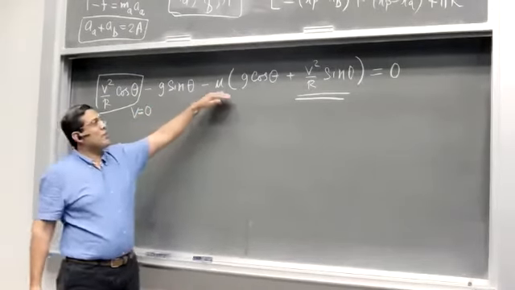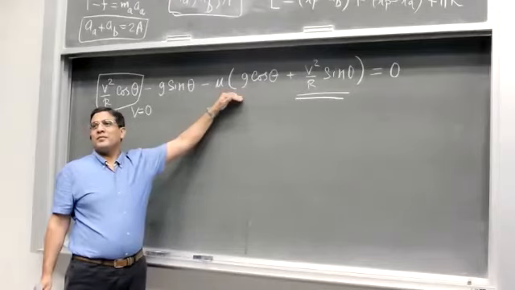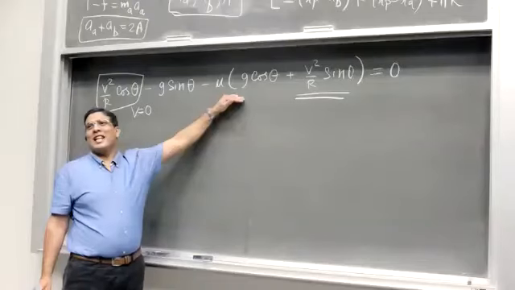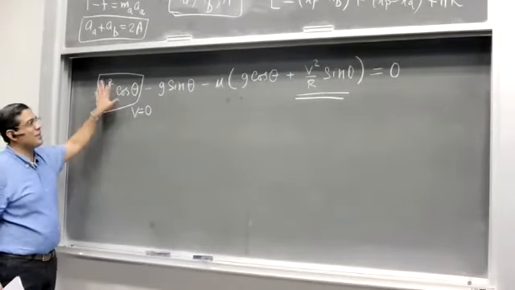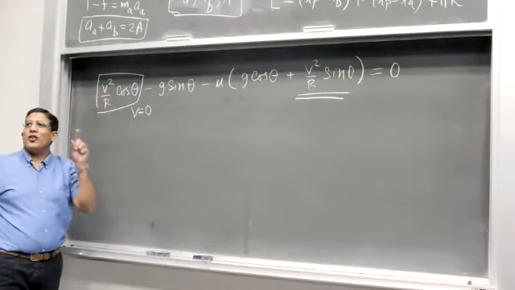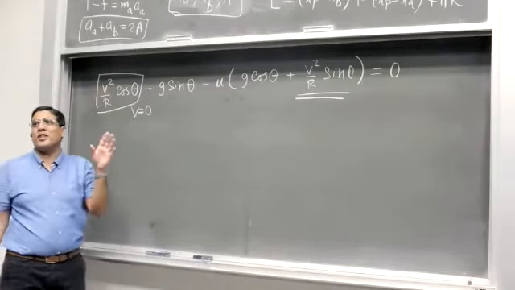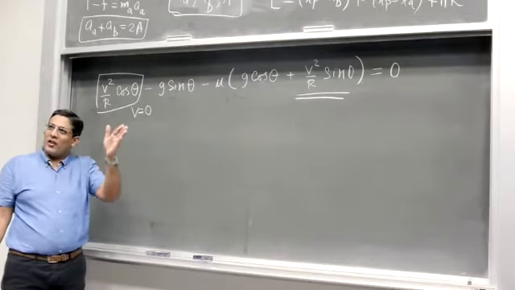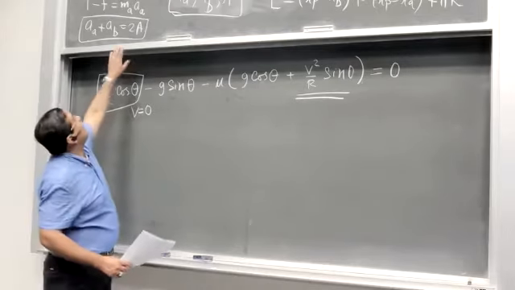And where is this term coming from? This is the friction part. Friction part, okay? Now, since we have removed the centrifugal force and taken the car standing, the only external force, the non-frictional force, is the weight along the surface, okay?